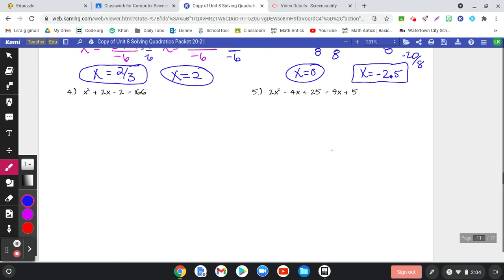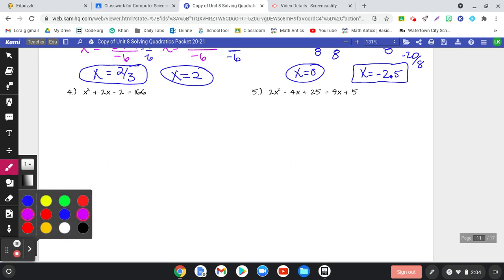All right. Now these next two, we're going to do the same thing. It's just this 166 needs to move to the other side. It's a positive 166, so if you want to make it a 0, we'll subtract 166. It doesn't have an x, so we're going to subtract it from the negative 2.